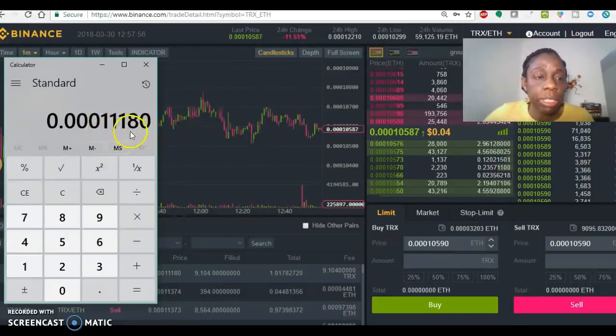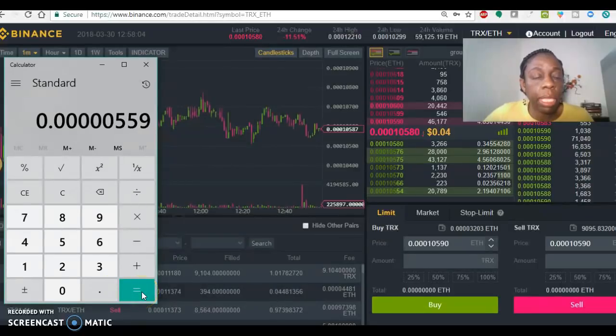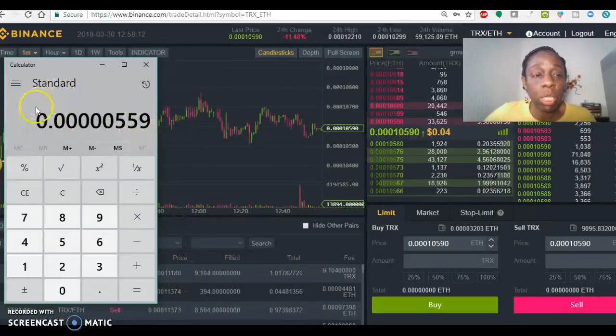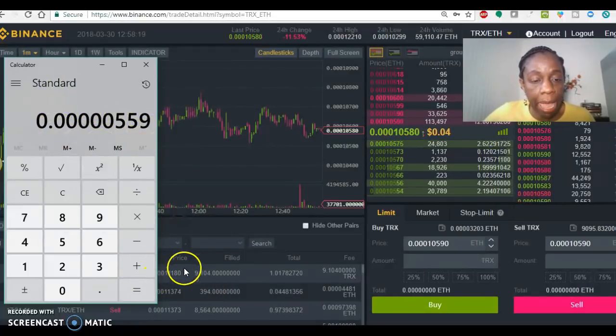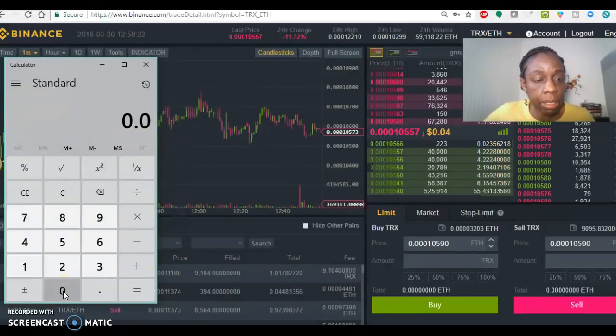So I'm going to increase this by 5% times 100. Okay, so I want the price at which I purchased my Tron to go up by this amount. This here is the increase I'm looking for, and I'm going to add it to my original price at which I purchased it.